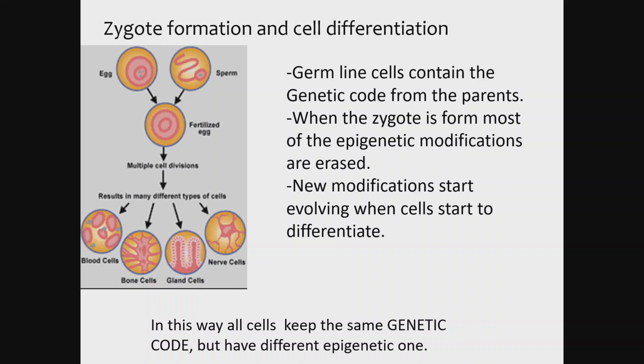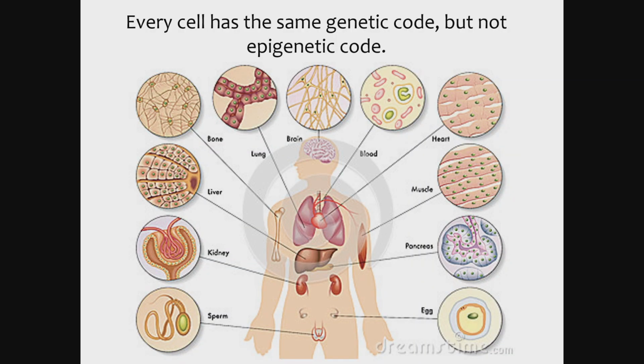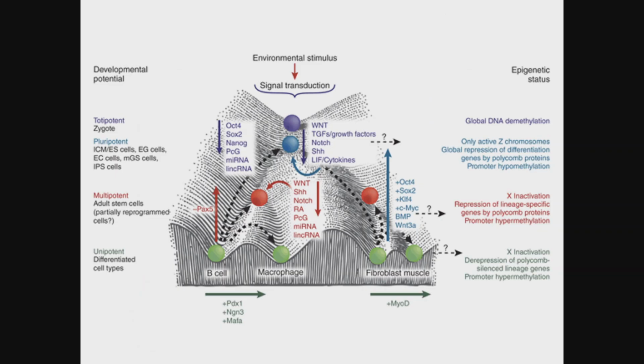Also, in one of your previous slides, this one. Mm-hmm. I remembered from a previous moment when you had said that essentially differentiation will happen when we sequentially turn off many of the genes.